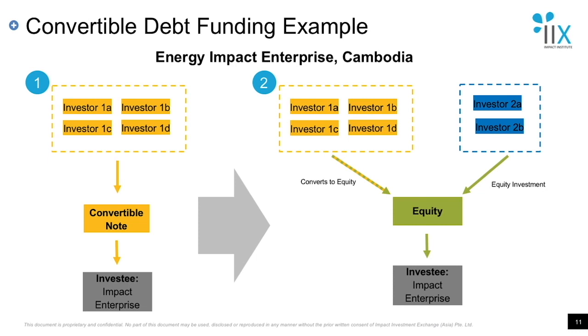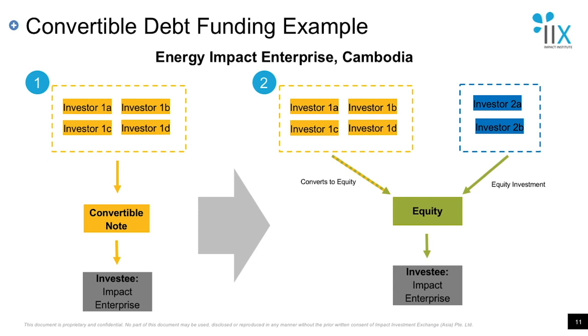They struggled to reach agreement with their investors on an appropriate valuation. So instead of potentially reaching an impasse in that discussion, they agreed that the first investment would come in as a convertible note. And when it came in as a loan, that money was used to start the business and to get operations up and running.